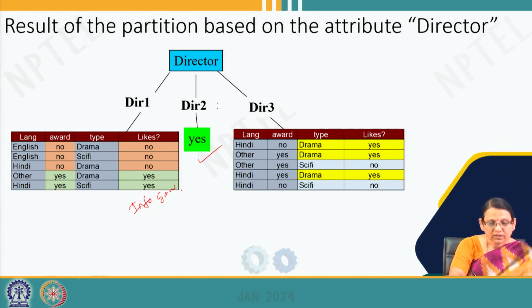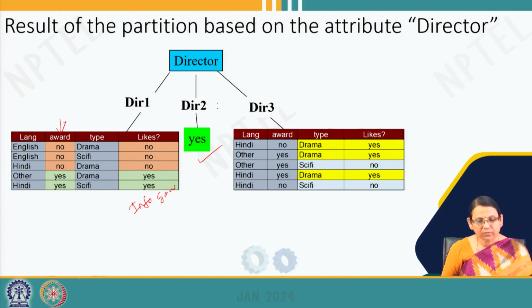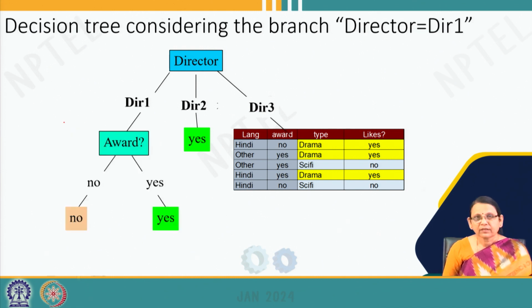After this, we are not going to do the computation now. It turns out that award gives the highest information gain. Now this award, when the award is no, likes is also no. When award is yes, likes is also yes. So our stopping criteria is met. So this part of the tree is over.